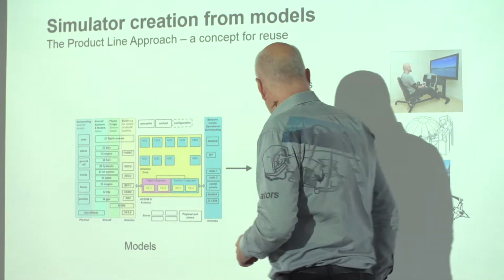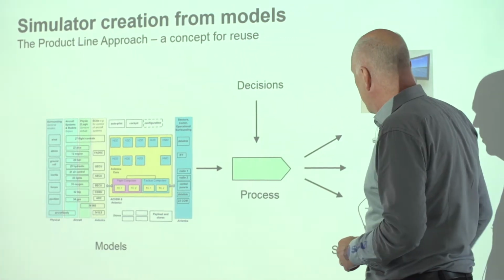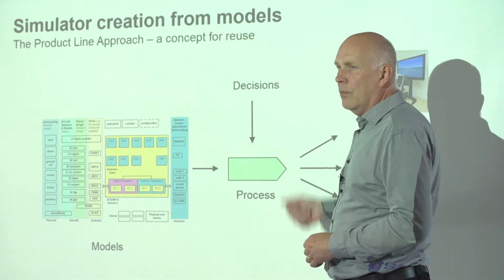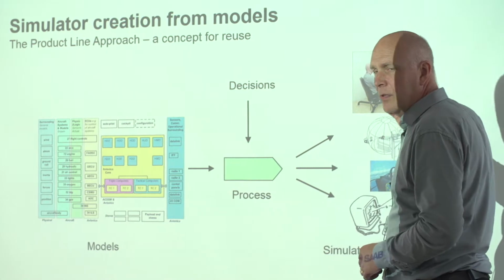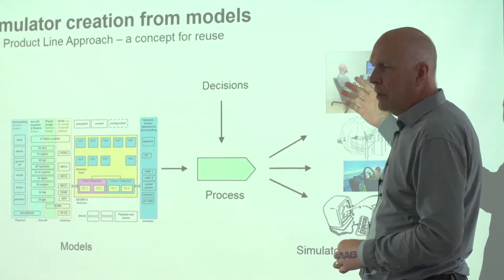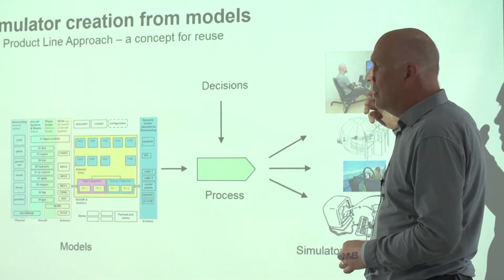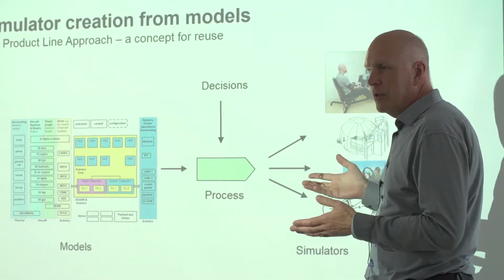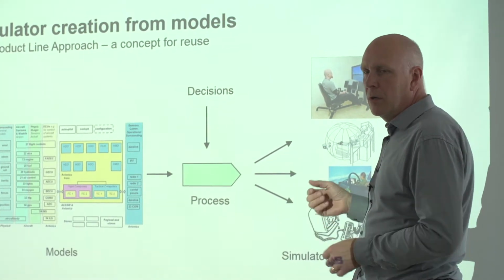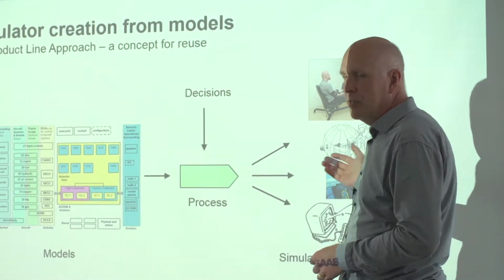With the set of models, we have a build process, and there we need a decision. We have to decide what the purpose of the simulation is, what kind of simulator it is. There can be other constraints, secrecy constraints, for example. Not all engineers are allowed to see everything.